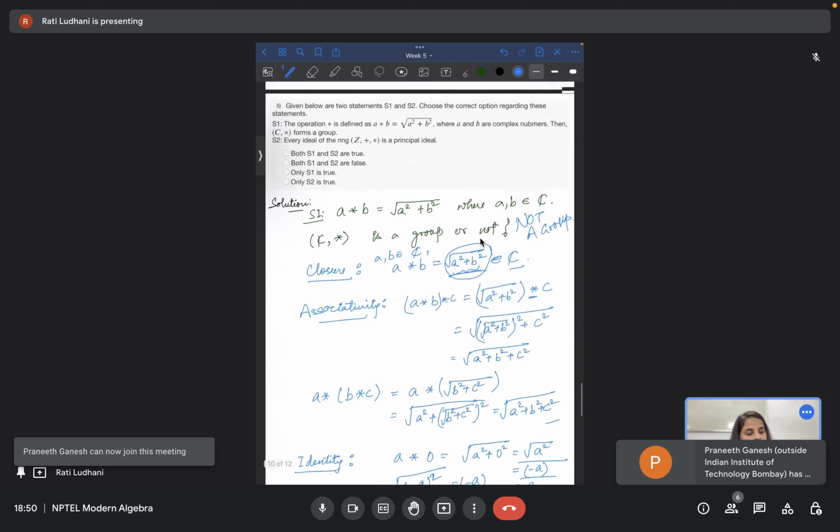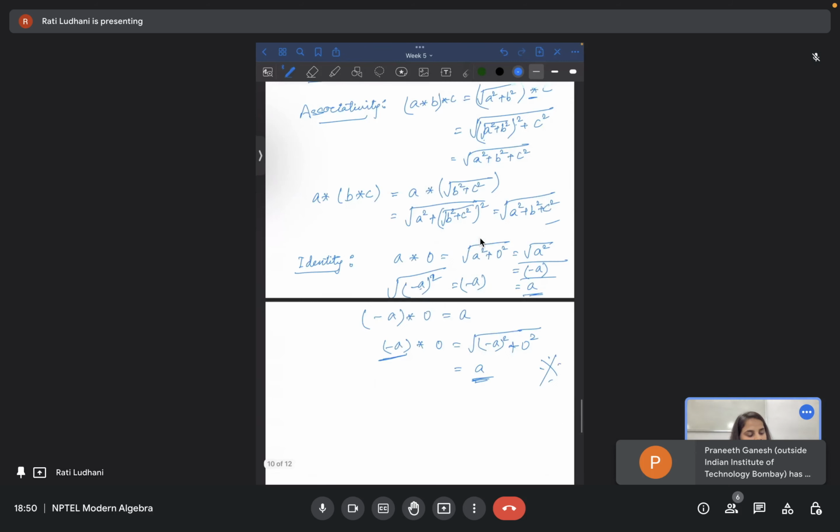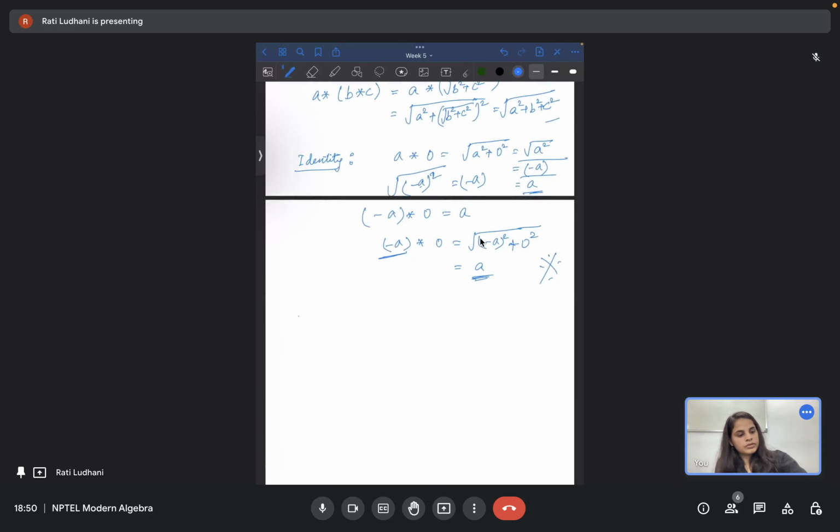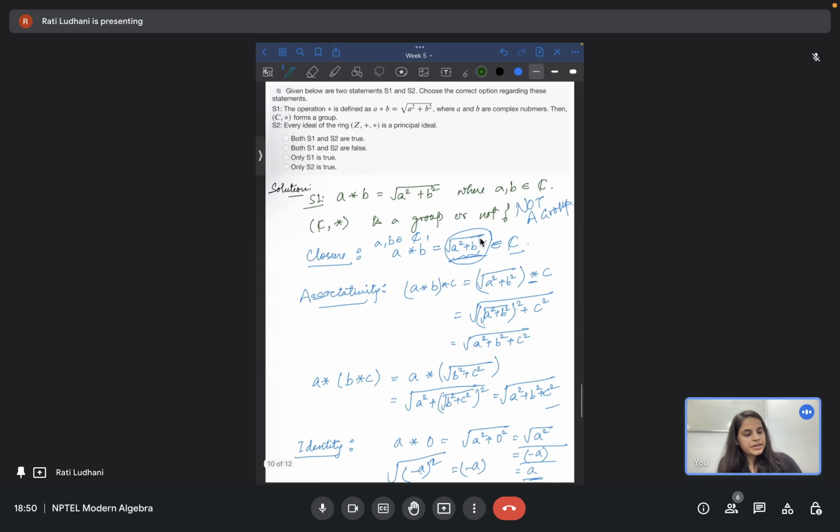Okay, let's see about S2. So what is your second thing? S2 says every ideal of the ring Z plus star is a principal ideal.